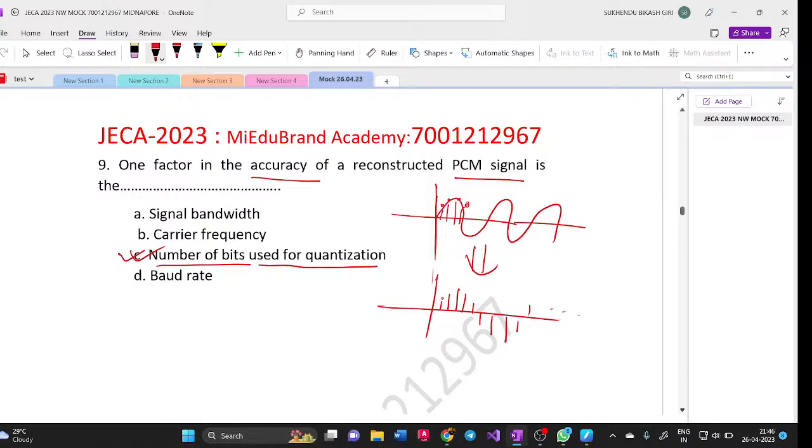So if you use more bits, the number of quantization levels is more, and you can divide the signal into more levels here, then the signal gives more accuracy. Clear? So now move to the next question.